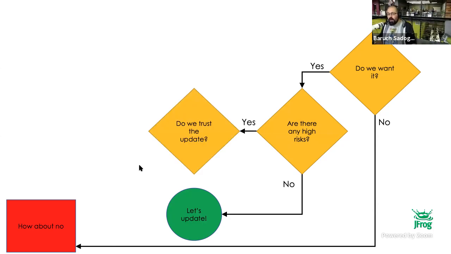Now, if there are higher risks, the next question will be, do we trust the update to be of good quality, or at least that we will be able to roll it back without any significant price to do that? If we do trust the update, we will update even if we have those high risks.